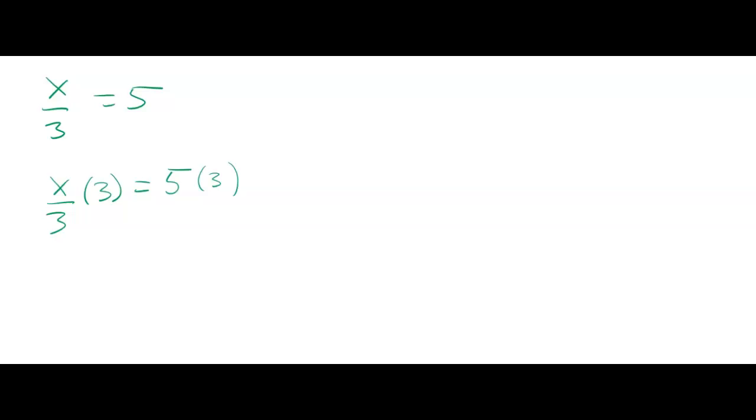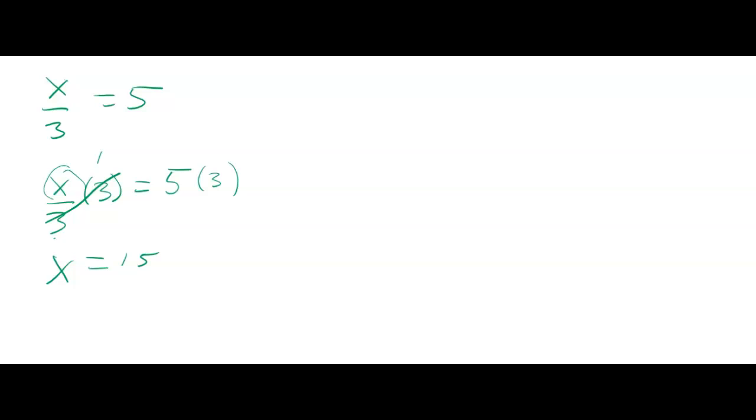And here's a rule. Anytime you multiply a fraction times its denominator, you're left with just the top of the original fraction. So I had x divided by 3. The denominator was 3. I multiplied it by 3. That leaves me with x. This crosses off and becomes a 1. Just as if I had 3x and I was dividing by 3. 5 times 3 is 15. So I decided to multiply by 3 because this is x divided by 3.